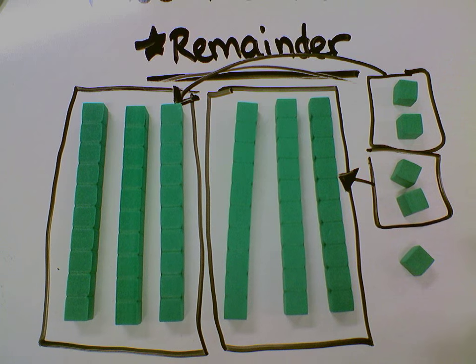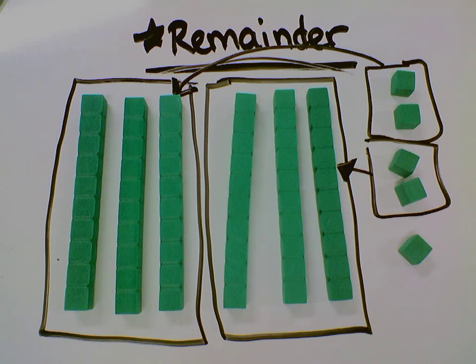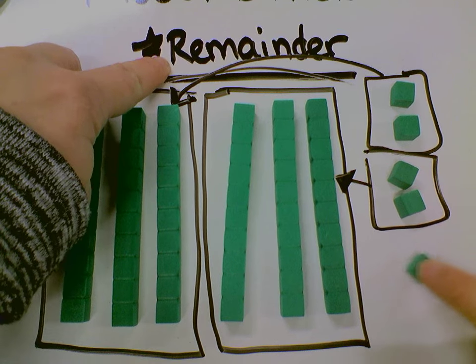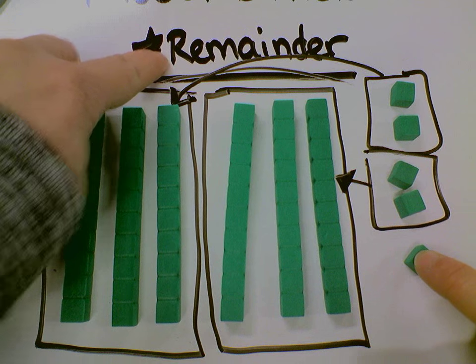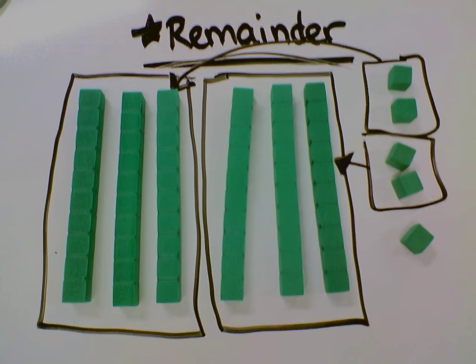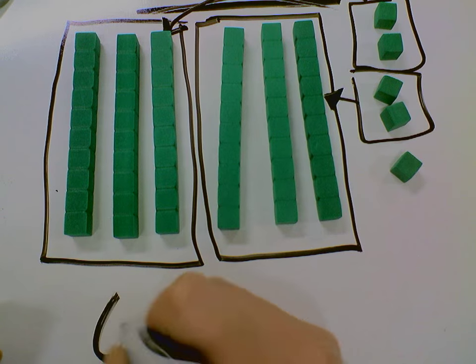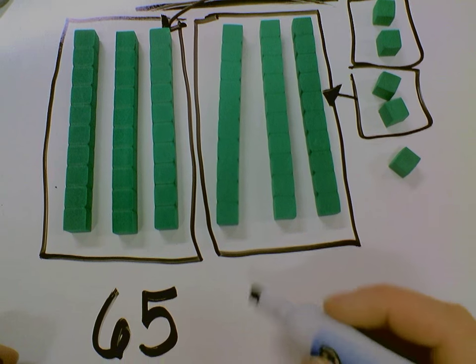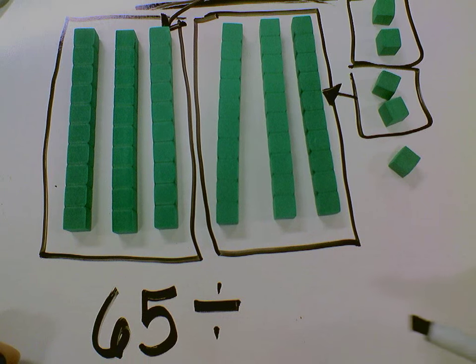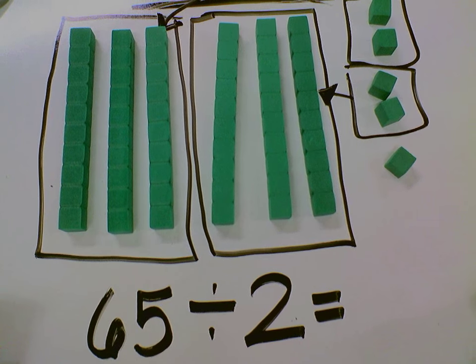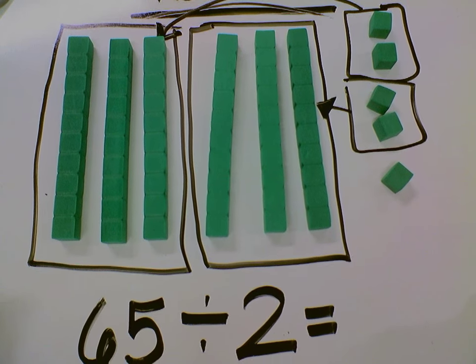Write a number sentence to show the division. Okay, so here's what that remainder is, and this right here is the remainder. This one piece left over is our remainder. So here's what this division equation looks like, starting with the number I had total, which was 65. I divided the 65 into 2 equal groups, and it turned out to not be as equal as we probably had wanted it.